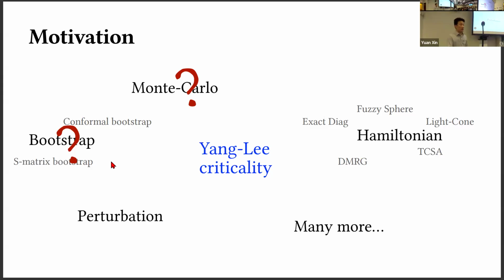So for the Hamiltonian method studying Yang-Lee criticality, this is a much more important tool to study strongly coupled quantum field theory or conformal field theory with some precision.